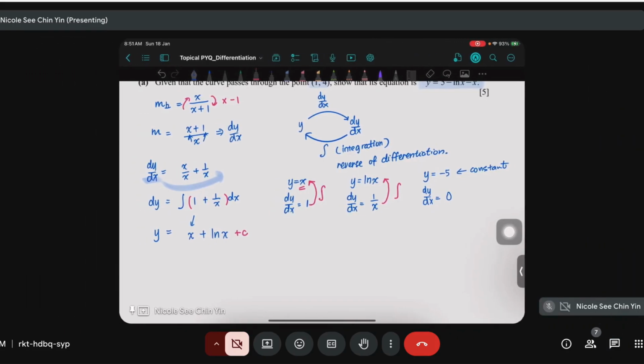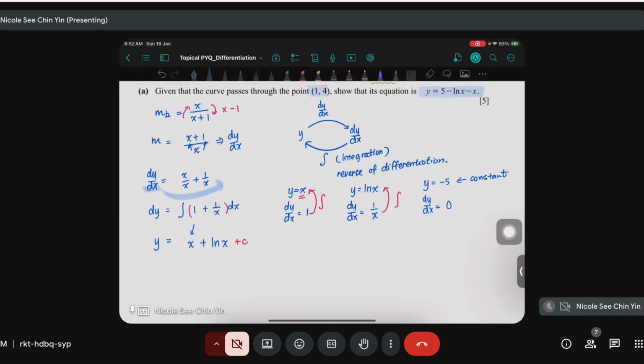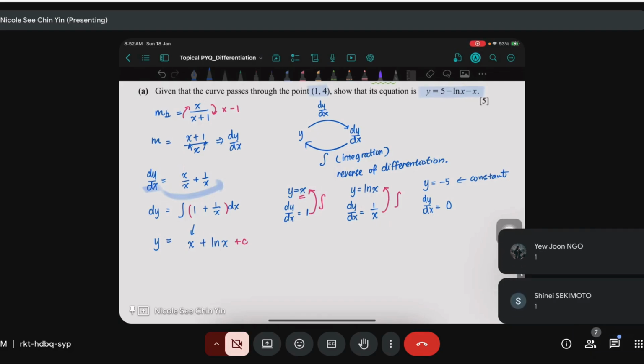Okay, so we continue. Therefore, coming to this question, after we integrate, we get x plus ln x plus c. All good? The existing students, are you all good? If all good, press 1 before I continue. Yunbo and Yipo, I know you haven't learned it before.